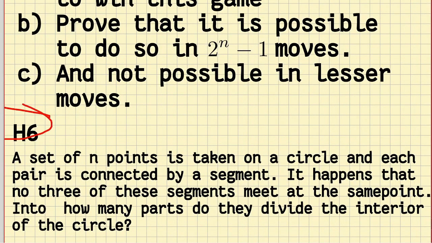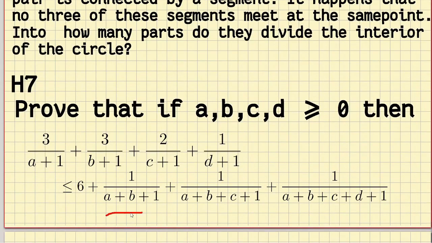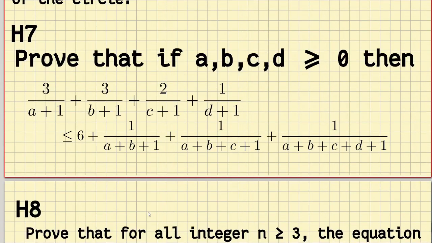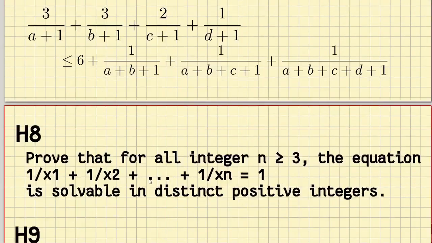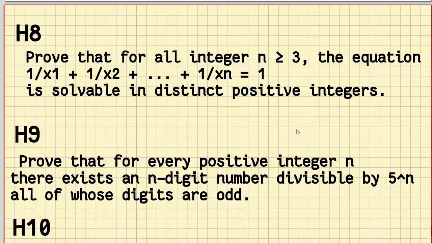And this one is a geometric problem, a nice problem. And another inequality one. This is a contest problem, and it is from a famous teacher also. And prove that for all integers n greater than 1, this is also an inequality problem. Sorry, not inequality, but it is solvable. We have to prove this.